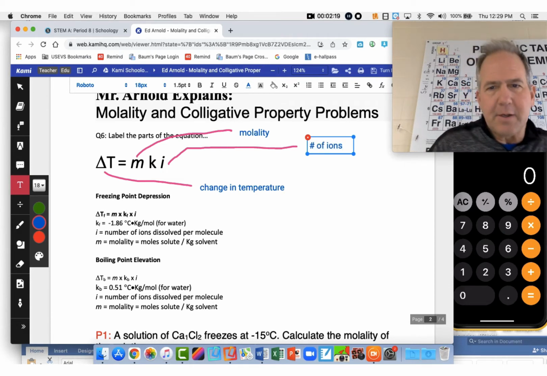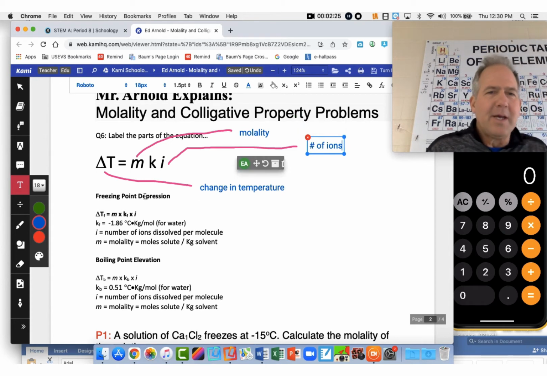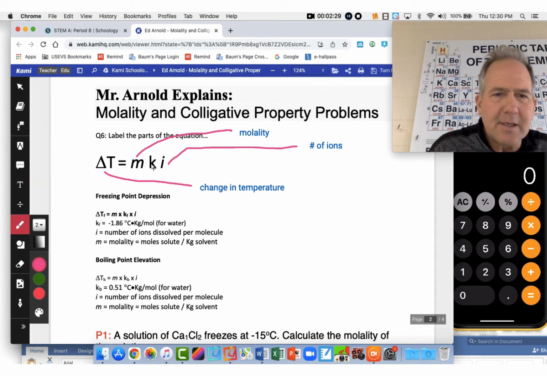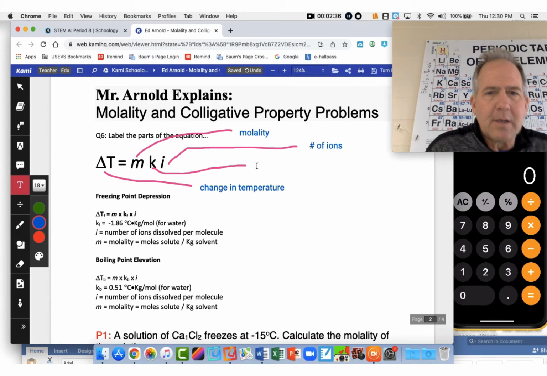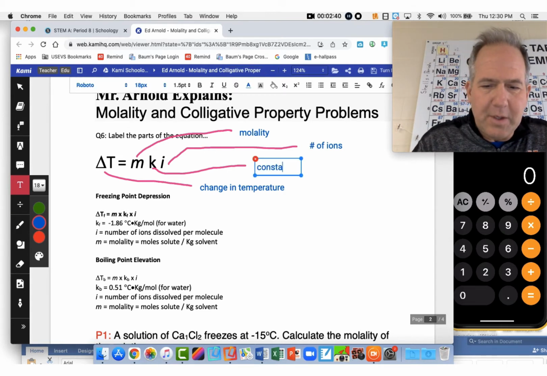For you guys that are so hip, that doesn't mean that that's a hashtag on Twitter. That means number. And then K. And K is a constant. And we'll just put the word constant there. Now there's more than one constant.